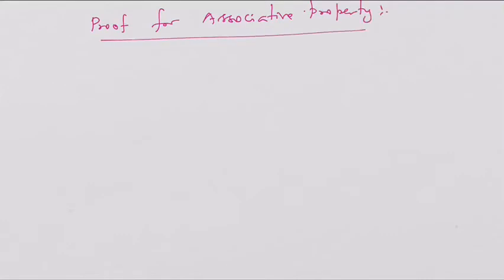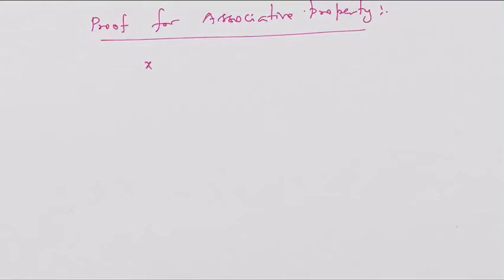The next one is the associative property. How to prove the associative property? In fact, it is a tedious one. We need mathematical ideas to proceed with the proof. What is the property?